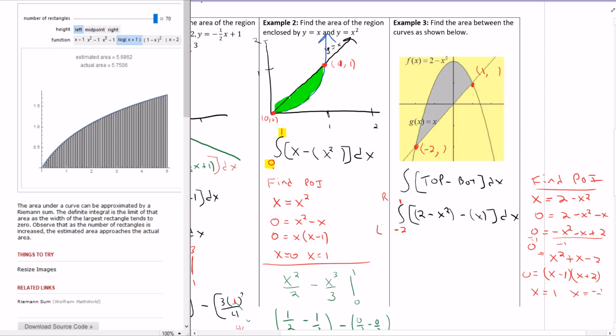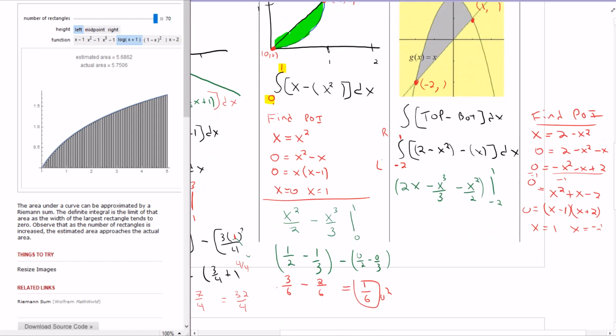The integral of 2 is 2x. The integral of x squared is x to the third over 3. The integral of -x is x squared over 2. And we're going from -2 to 1. We're going to start by plugging in 1. It's going to be 2 minus 1/3 minus 1/2.